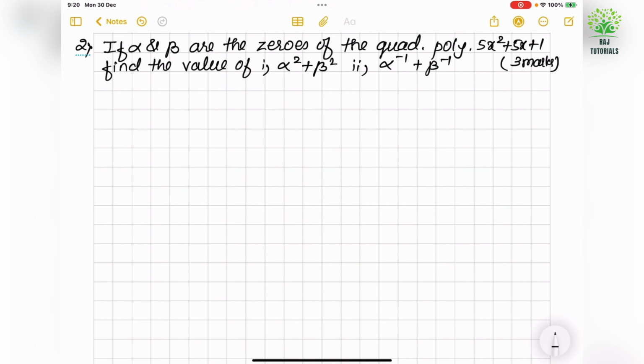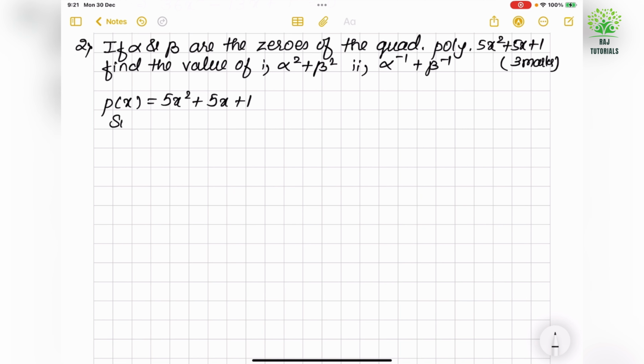Now next one is if alpha and beta are the zeros of the quadratic polynomial 5x square plus 5x plus 1, find the values of alpha square plus beta square and alpha raised to minus 1 plus beta raised to minus 1. So here p of x equal to 5x square plus 5x plus 1.